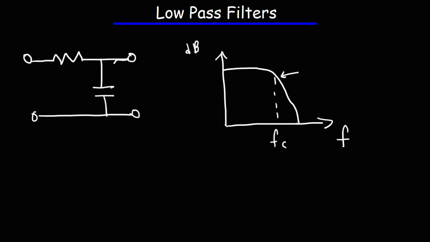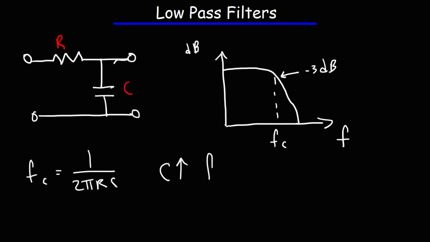At the cutoff frequency, the signal drops by 3 decibels from its maximum. Now to calculate the cutoff frequency, you could use this formula. It's 1 over 2 pi RC. So as you increase the capacitance, the cutoff frequency decreases. And as you increase the resistance, the cutoff frequency will also decrease.